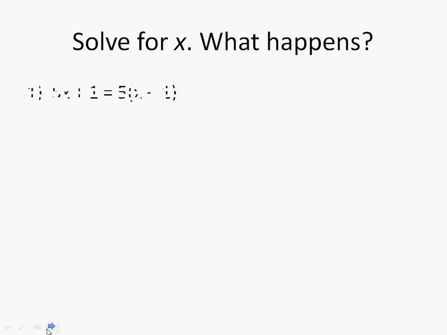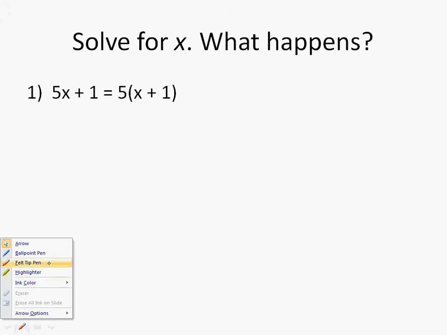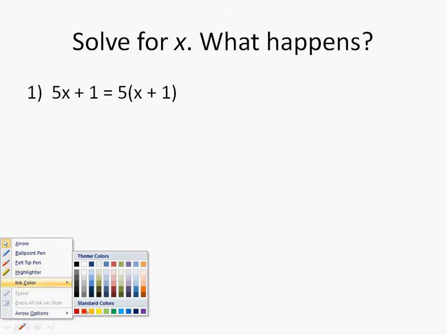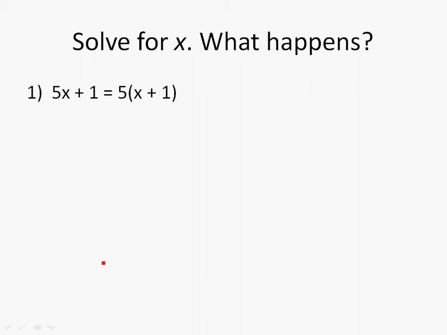So, we're going to solve some equations for x, and we're going to see something very interesting happen. As we did before, I noticed that the right side is not simplified. The left side's fine. So I need to take my hand and cover up the left side of the equation.